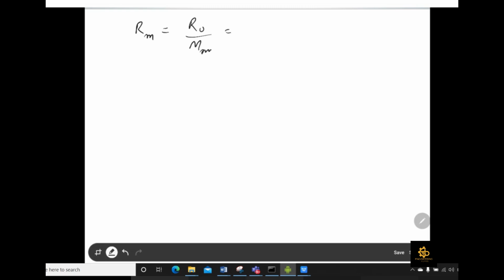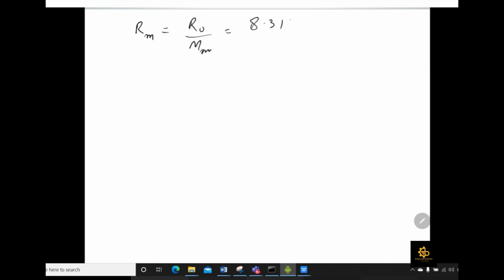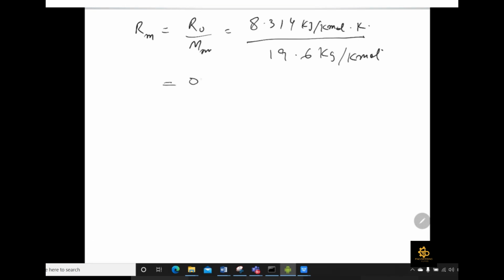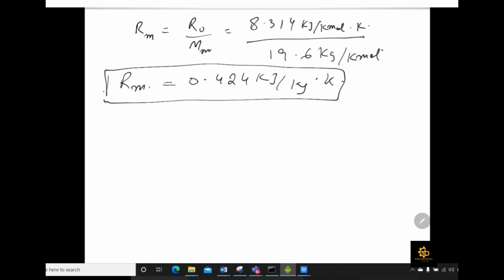The Ru value you can simply get from table A1, which is 8.314 kilojoule per kilomole Kelvin. The molar mass of the mixture you can get from the previous slides, which is 19.6 kilogram per kilomole. So now we have two things. We can take the ratio and we will get the gas constant of the mixture, which is 0.424 kilojoule per kg Kelvin. This is also the required thing from the question.